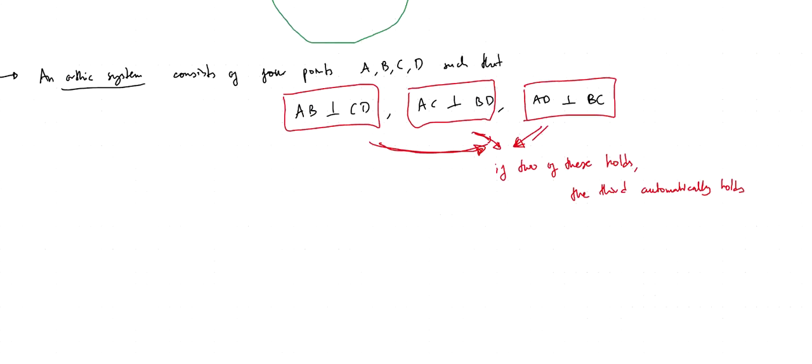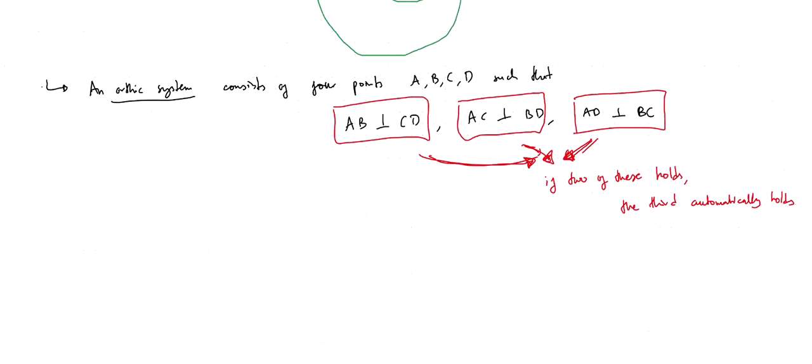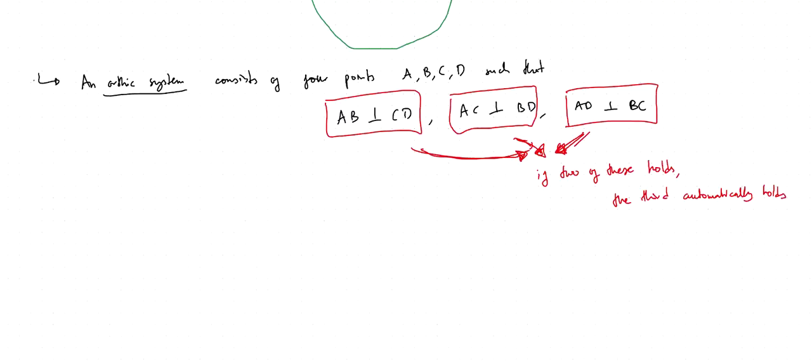This is the definition of an orthic system, equivalent to any of the following. As an alternative definition, A is the orthocenter of BCD.